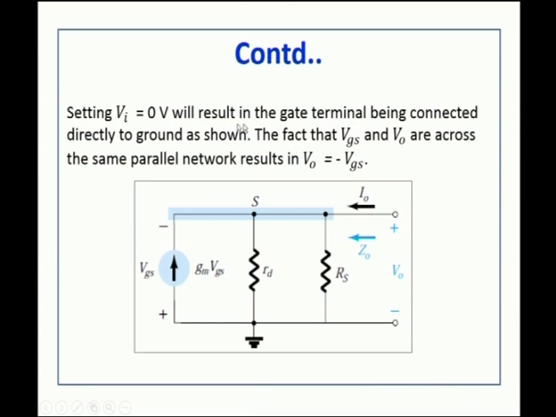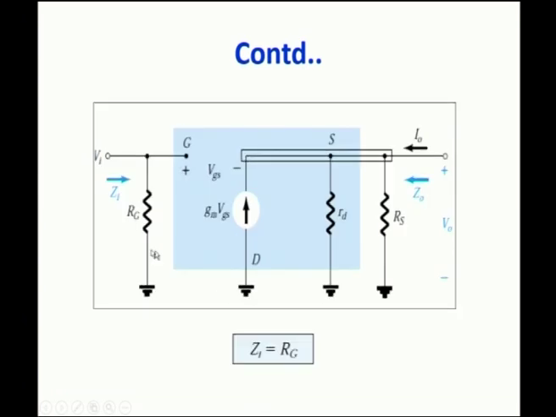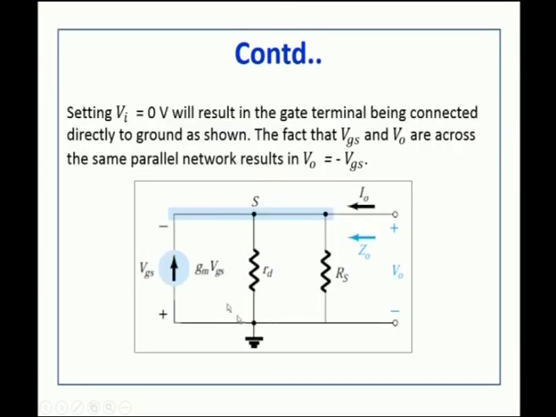So, Vi is 0, and the gate terminal is connected directly to ground. The VGS and V out, that is VO, are across the same parallel network, resulting in VO equal to minus VGS. Then you will get this circuit.